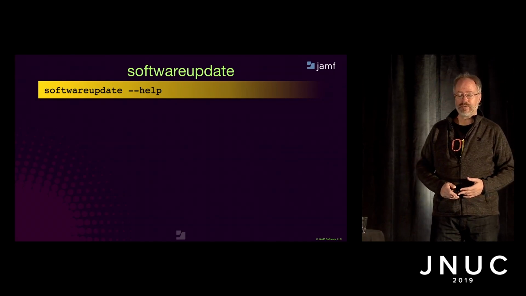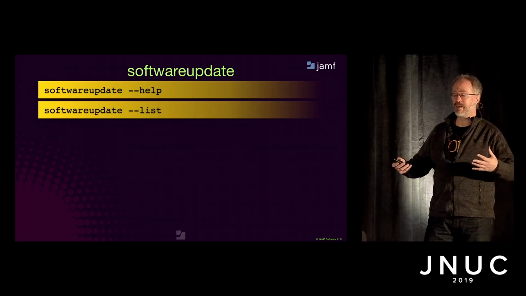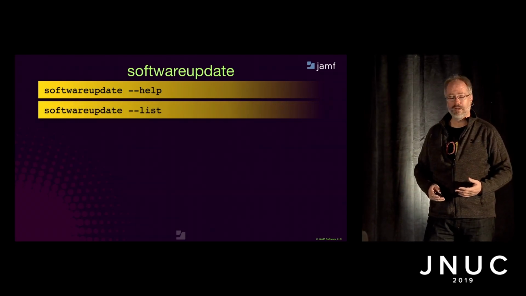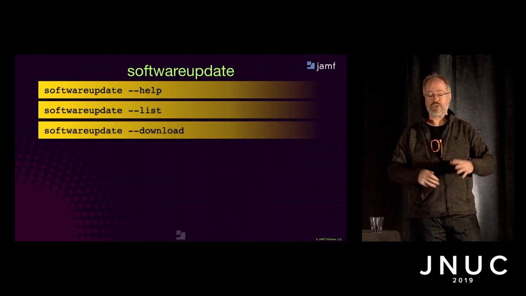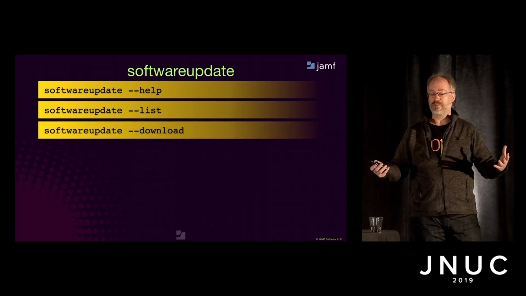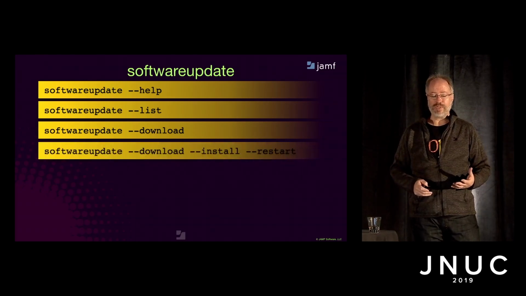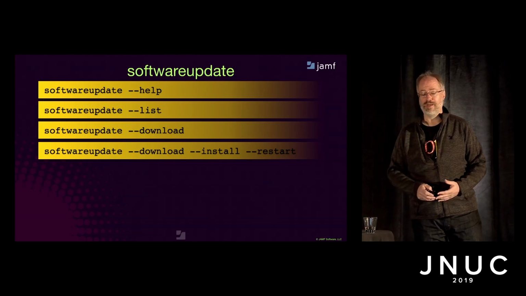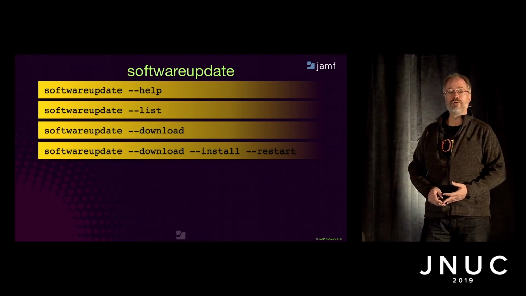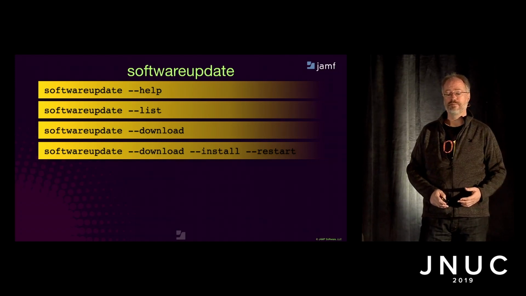And if I run it with the --list option, I get all the available updates for the Mac that I'm on. I can run it with the --download option and cache all the available updates, or I can add --download with the --install --restart option, and I can download and install everything and restart the computer if necessary.